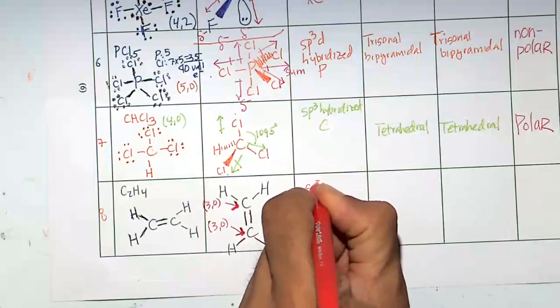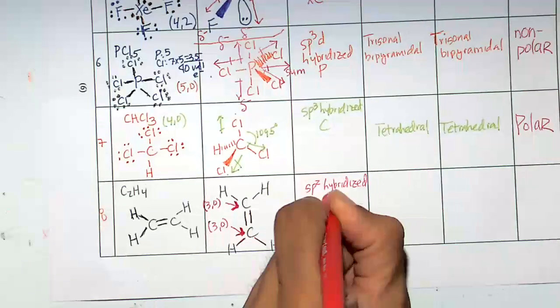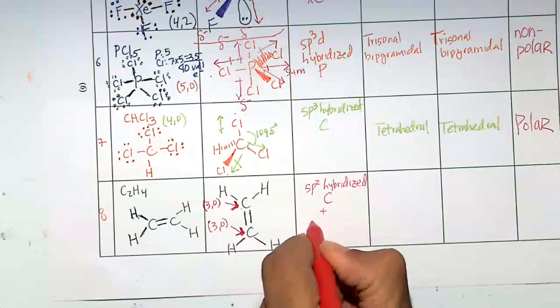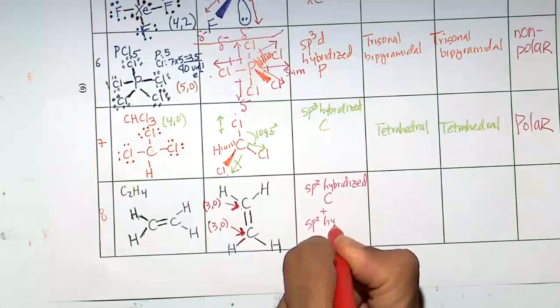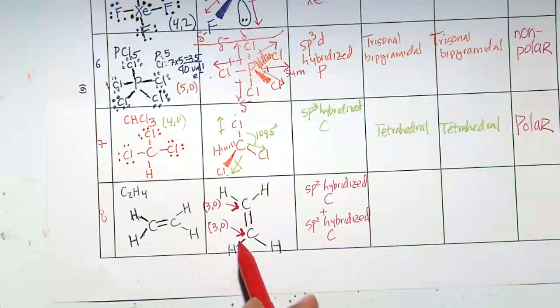We have an sp2 hybridized carbon, actually we have 2 of them. Everyone see where both of them are? This one and this one. Do we have to do each carbon separately? Yes, because it has 2 central atoms, because of the double bond.